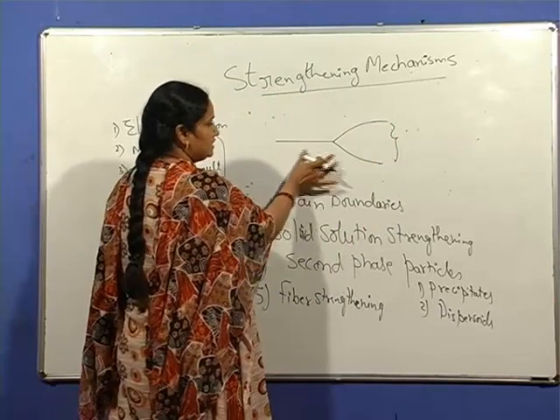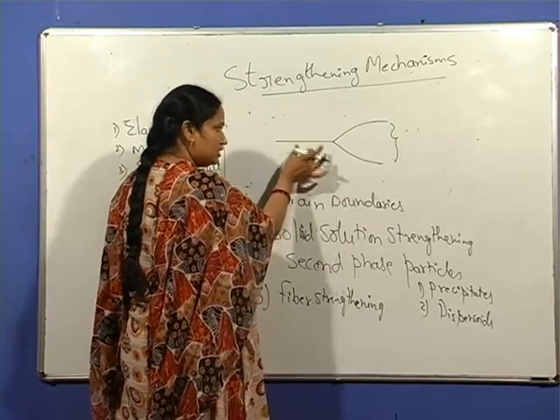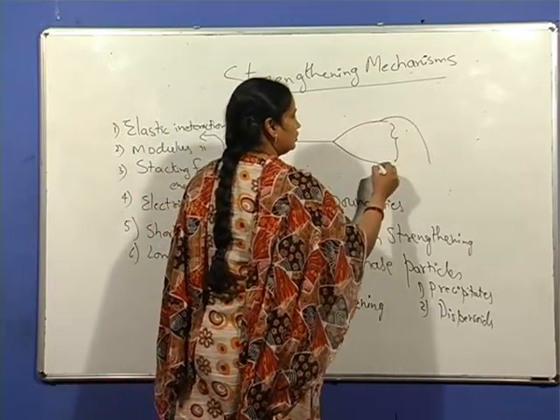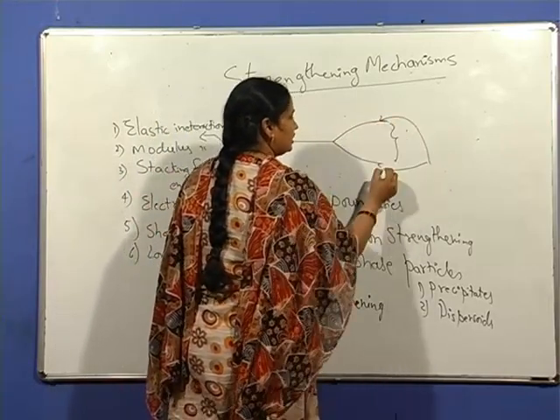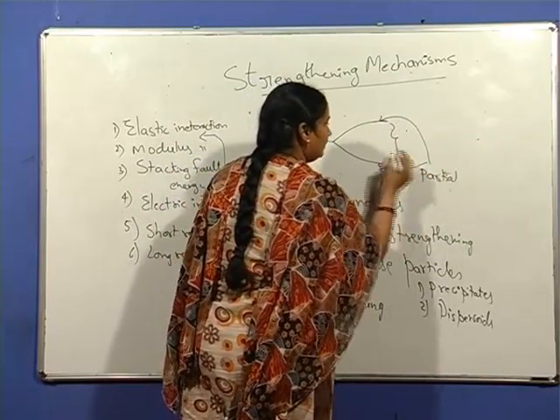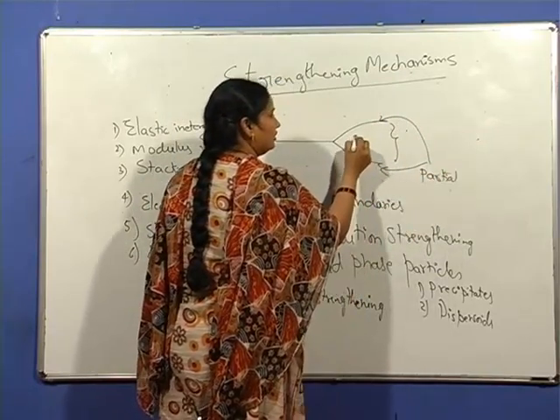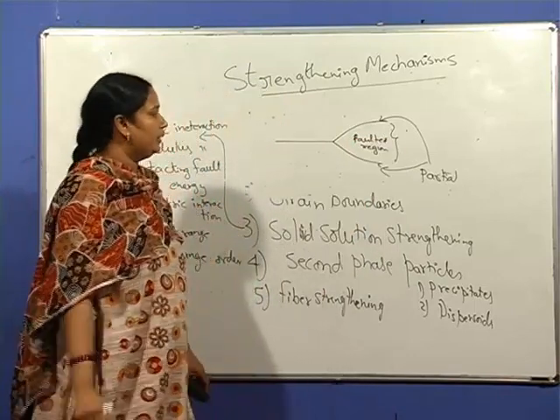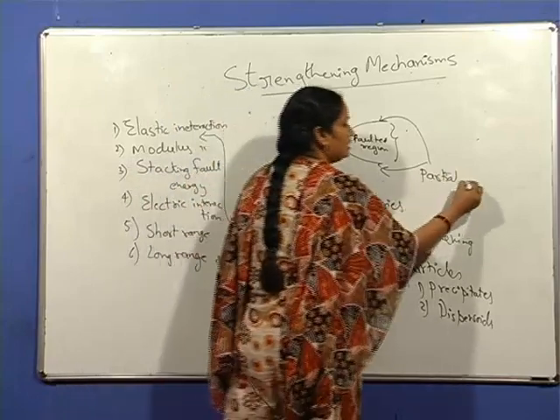So this is an extended dislocation which has dissociated into two partial dislocations. These two are known as partial dislocations, and between the partial dislocations there is a faulted region, surrounded by the two partial dislocations.